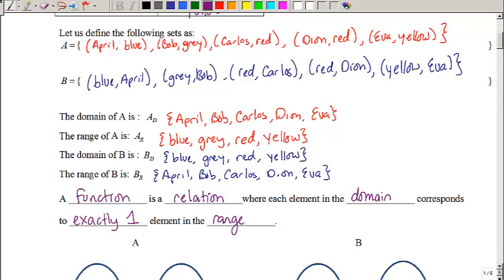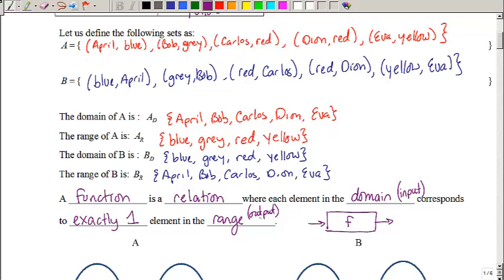Sometimes I think of this function as kind of like a little machine. And I have an input for my machine and I have an output. My input is my domain and my output is my range.